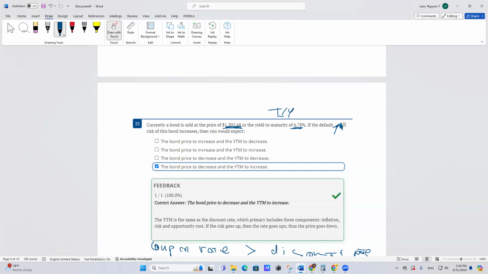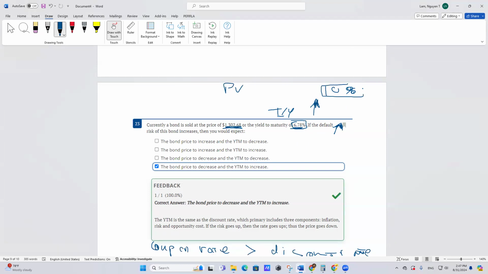As an investor, you want to compensate for that riskiness by increasing the yield to maturity, right? You want your return to be higher, because you say, okay, the bond is much riskier, so I want my return to be higher. So let's say that it increased from 6.78 to 10%. Then what do you think happened to the present value of that bond?